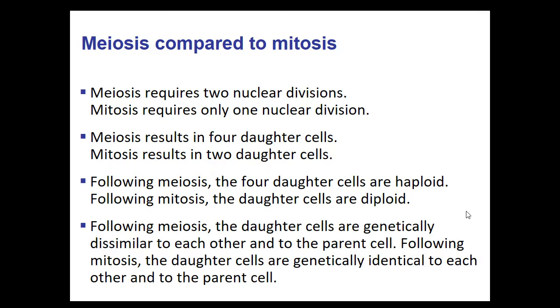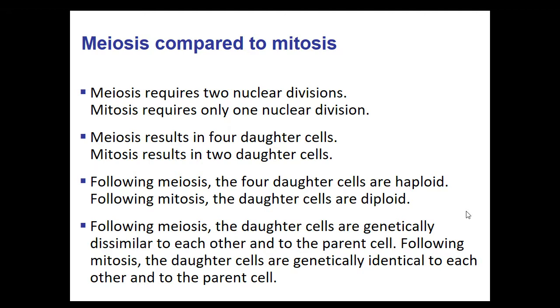So in the ovaries of a human female that are producing eggs, there will be only one egg from the original parent cell. The other daughter cells just die.